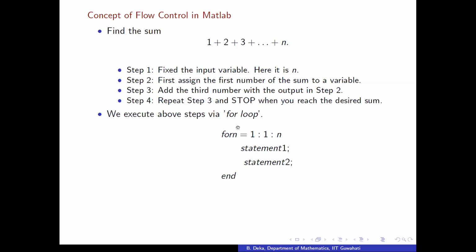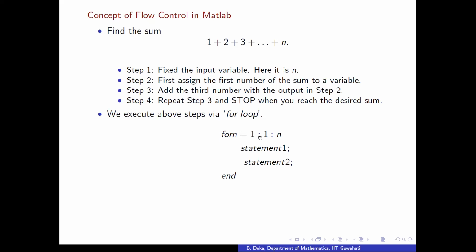So what is the meaning of this? Here, what exactly this statement tells you is, first n will be assigned the value 1, then the second one, this second colon, will basically tell you the increment. That means what increment I should give. So if n takes value 1 in the first stage, next stage n will be incremented by 1.